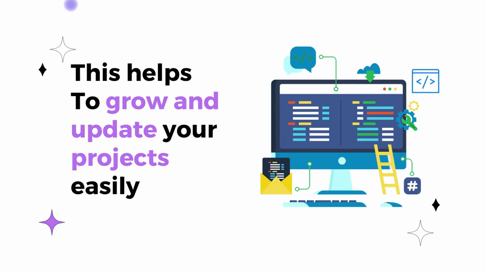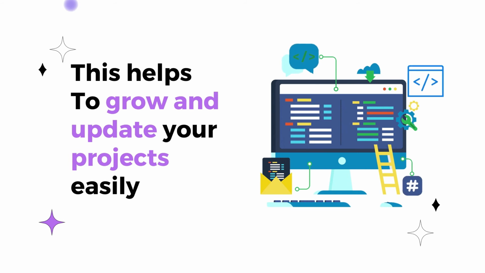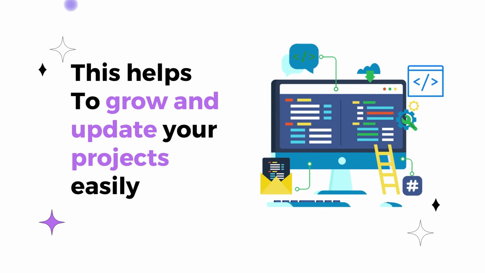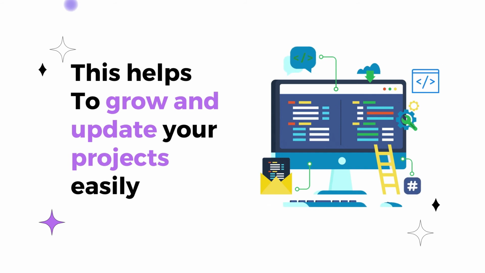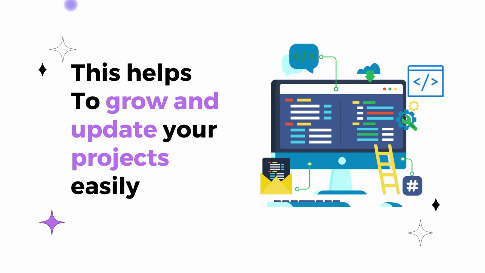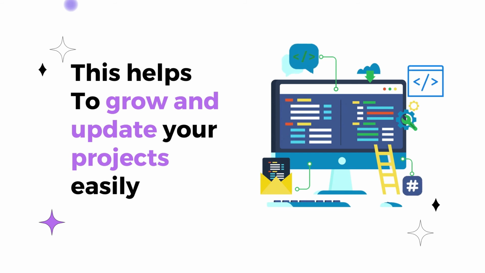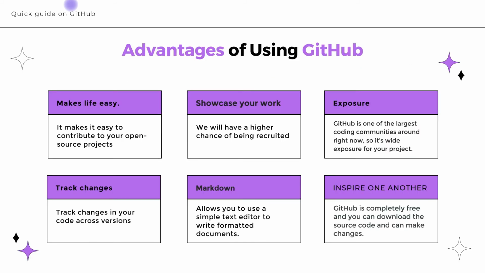This helps to grow and update your projects very easily, because anyone can make changes and keep on testing, and once the testing is completed, without disturbing anyone or stopping the work, you can easily update your project. Let me tell you some major advantages of using GitHub.